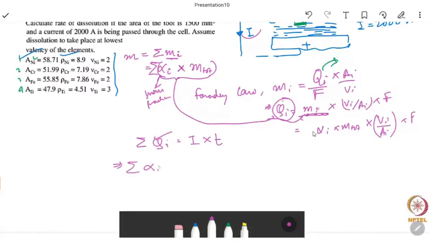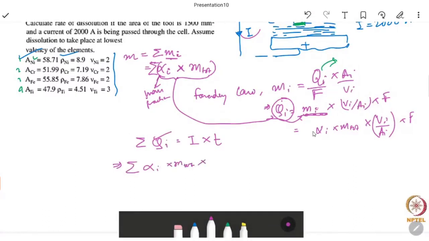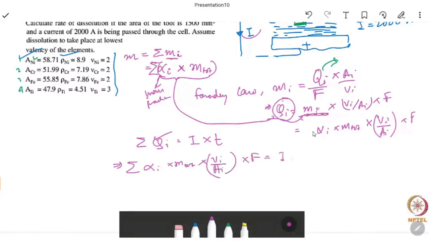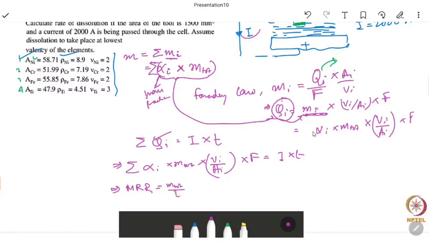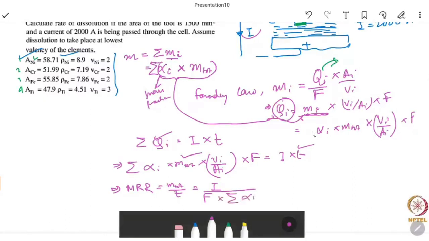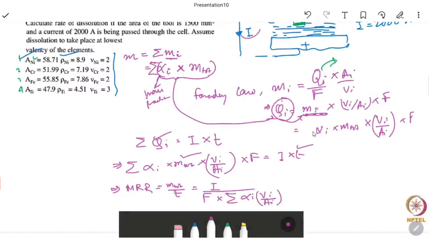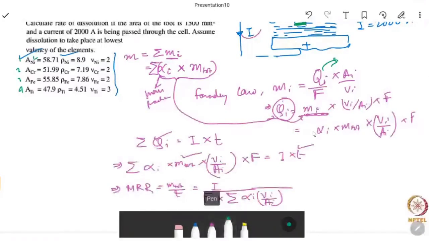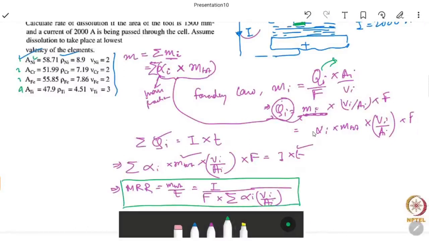So we have summation of alpha i into M total into Vi by Ai into F equal to I into T. So MRR is nothing but M total by T, which is equal to I divided by F into summation of alpha i into Vi by Ai. Okay, so this is for an alloy.